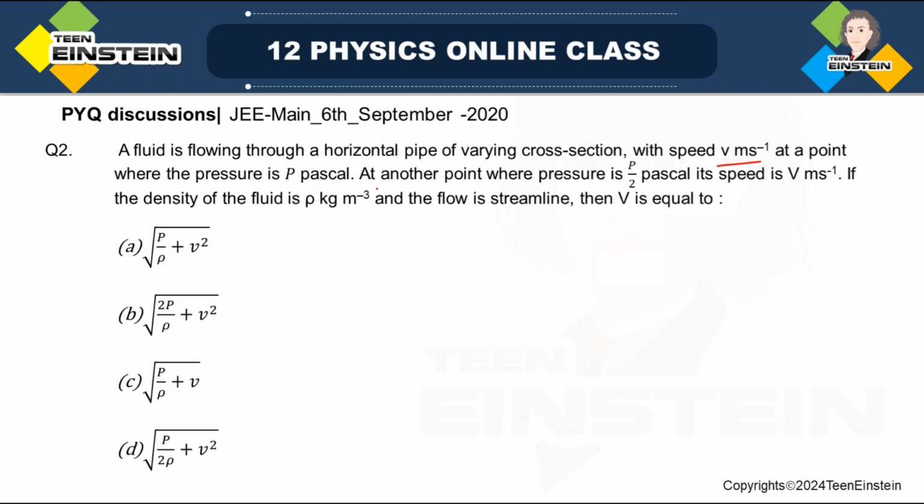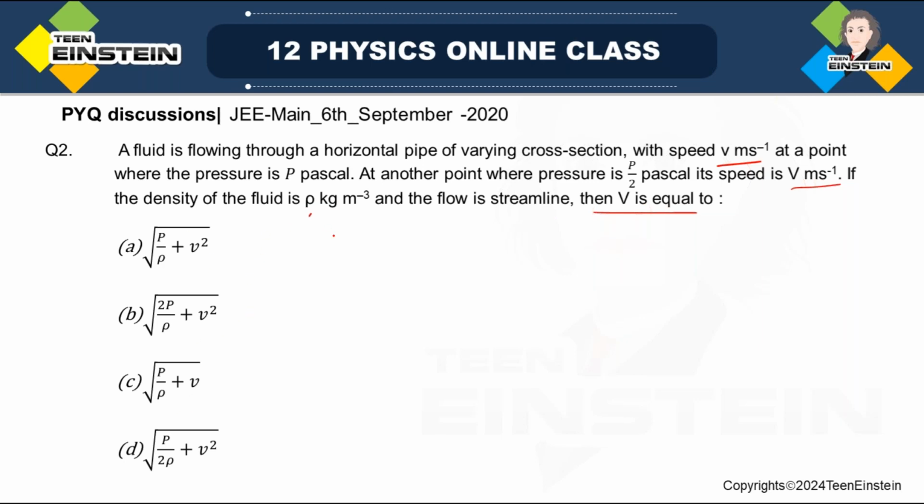At another point where the pressure is P by 2 Pascal, its speed is capital V meter per second. If the density of the fluid is rho kg per meter cube, and the flow is streamline, then what is V equal to? So there are options here.